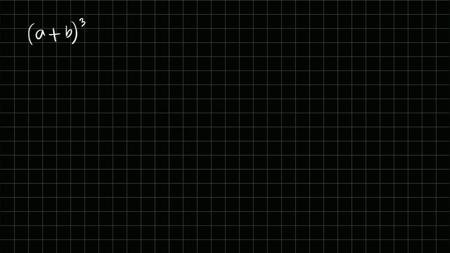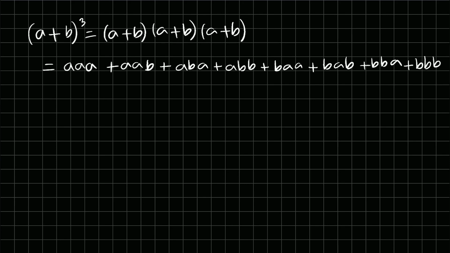If we multiply a plus b 3 times with itself, we get this expansion. Each of these terms in the expansion is basically the product of 3 factors, all possible different arrangements of a and b. Each of these a's or b's is coming from a different a plus b.